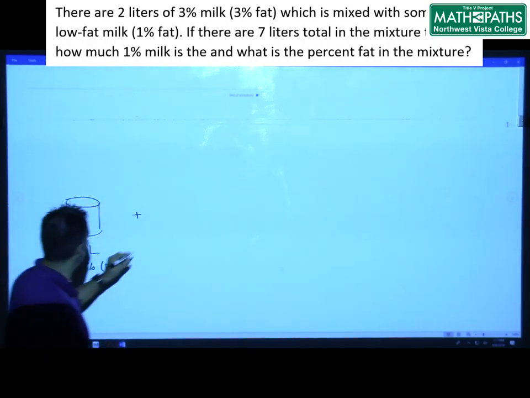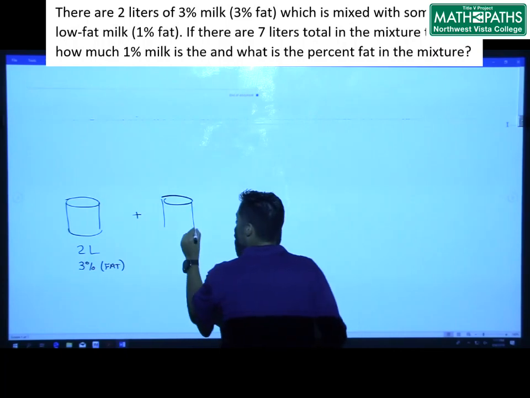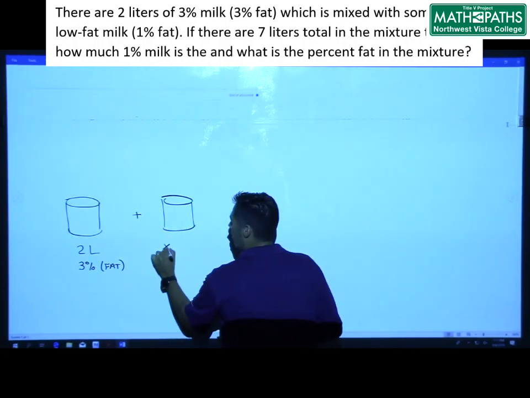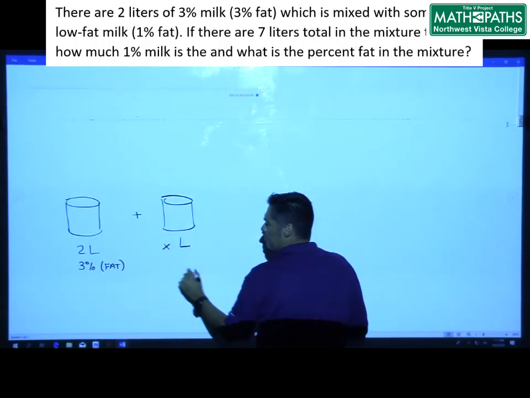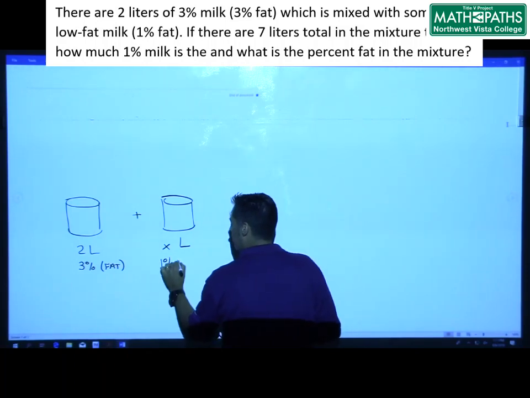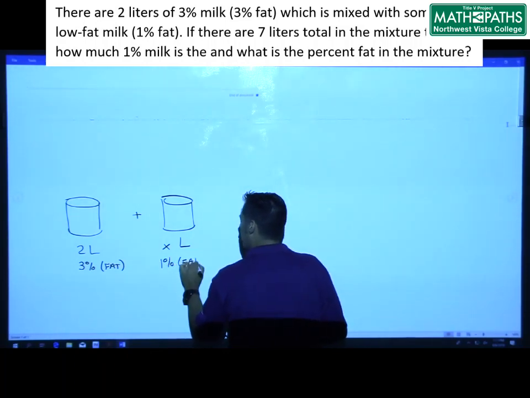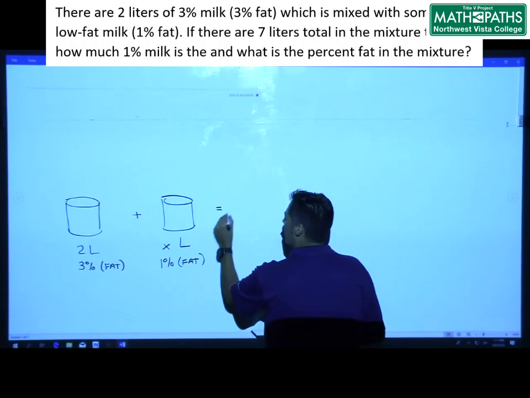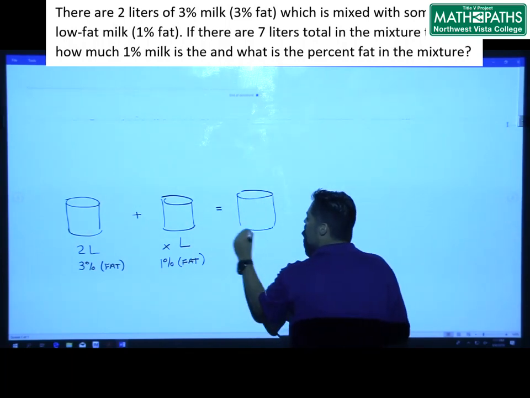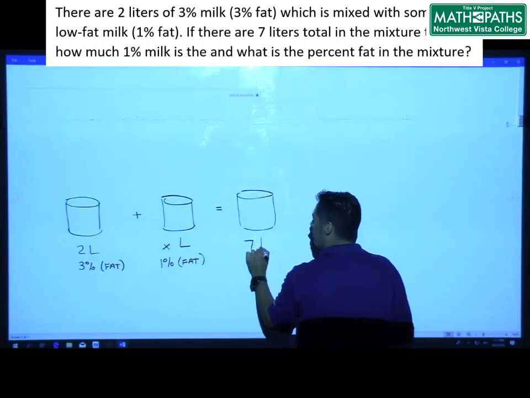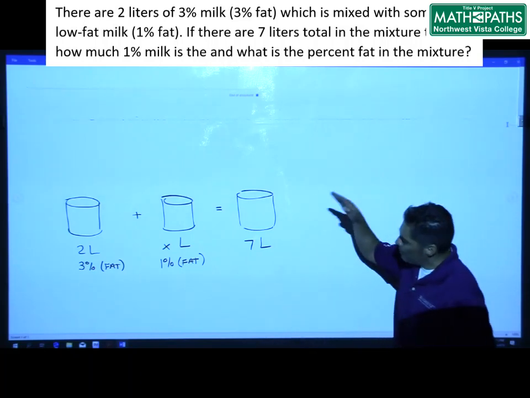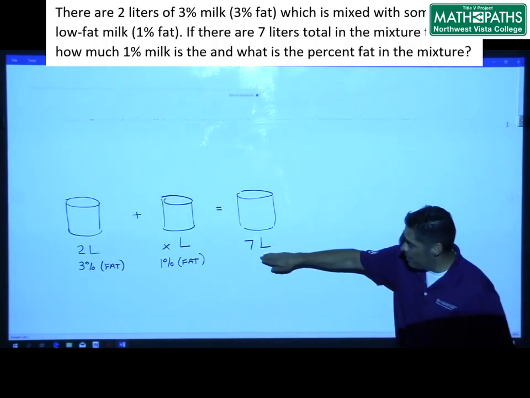And then we're going to mix it with some other 1% milk, but we don't know how many liters there are. There's X liters here. We're not sure what that is, but this is our 1% fat milk. And when we mix these together, we get a final mixture. We know that that mixture contains 7 liters. And we're asked, what is the percentage of fat in this final mixture?